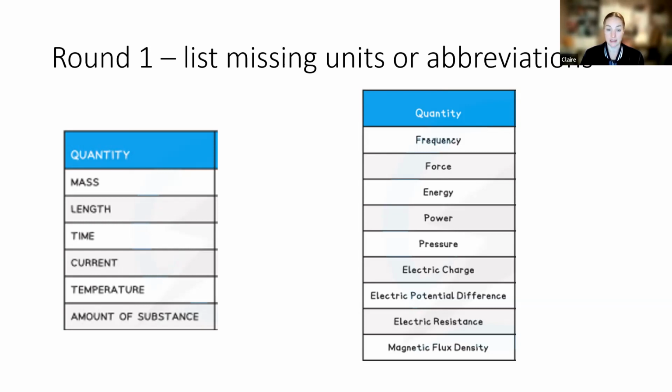This is really good, and it does have stuff on here for separates as well as combined. So I am going to give you a minute to brainstorm as many abbreviations or units as you can. I'm going to start in 3, 2, 1.